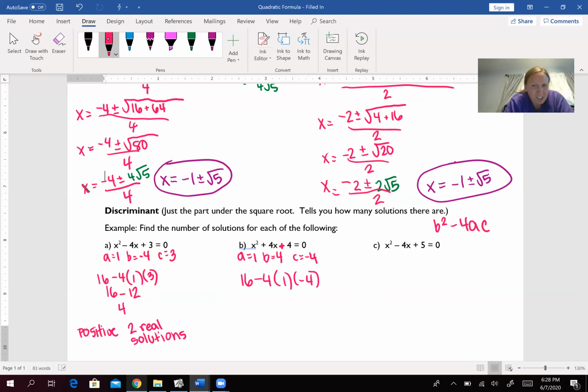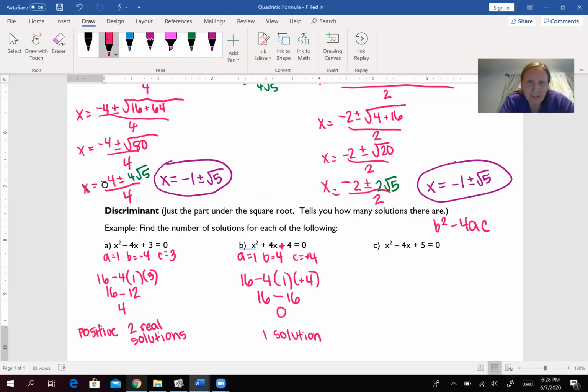So let's change that. So this ends up being 16 minus 16, which is 0. So when your discriminant is 0, that means there's going to be only one solution, because you can't take a positive or negative 0, it's going to give you the same thing.